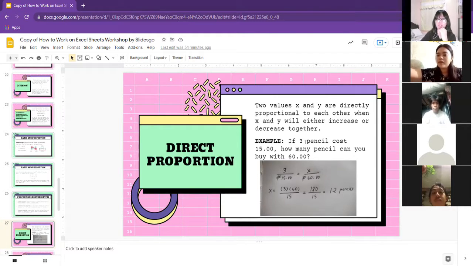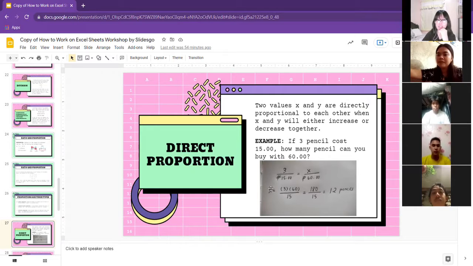For example, if 3 pencils cost 15 pesos, how many pencils can you buy with 60 pesos? So in this image, yung numerator natin is 3, which is the 3 pencils that cost 15. So yung 15 na yun yung magiging denominator natin, equals x, because we are finding how many pencils can you buy with 60 pesos. So yung denominator niya, 60 pesos.